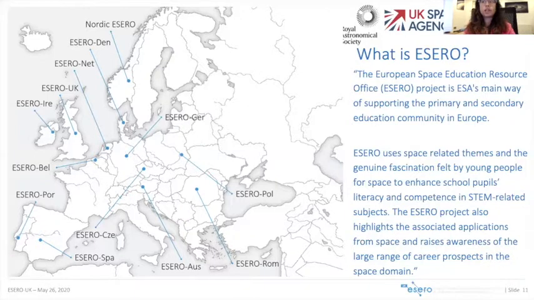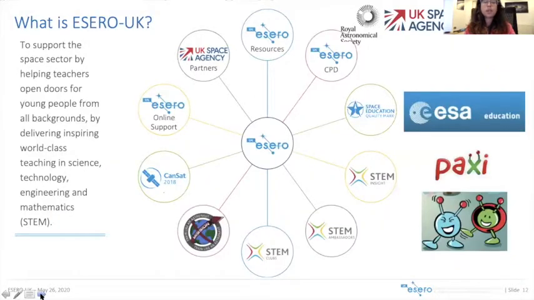But unfortunately, there's not that much space on the general curriculum, as you are all aware. So ESERO feeds into UK Space Agency, ESA, and then all of the STEM learning networks, so STEM ambassadors, Space Education Quality Mark, STEM clubs, and all of that kind of thing as well.